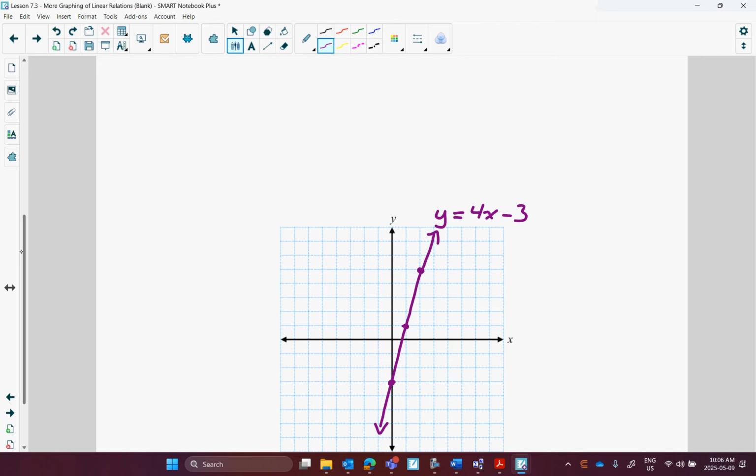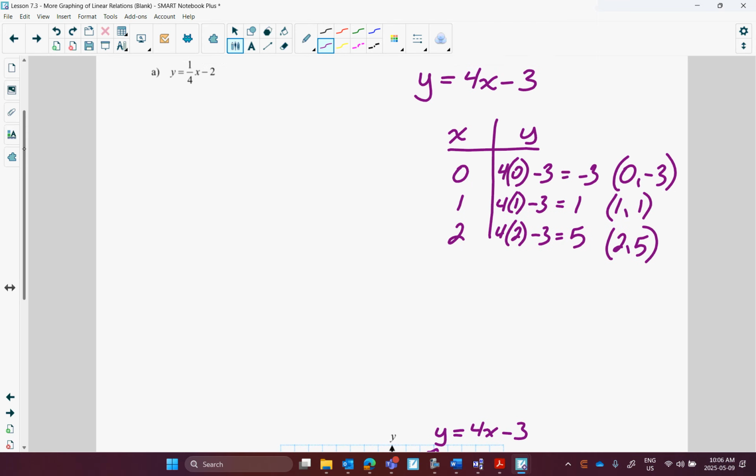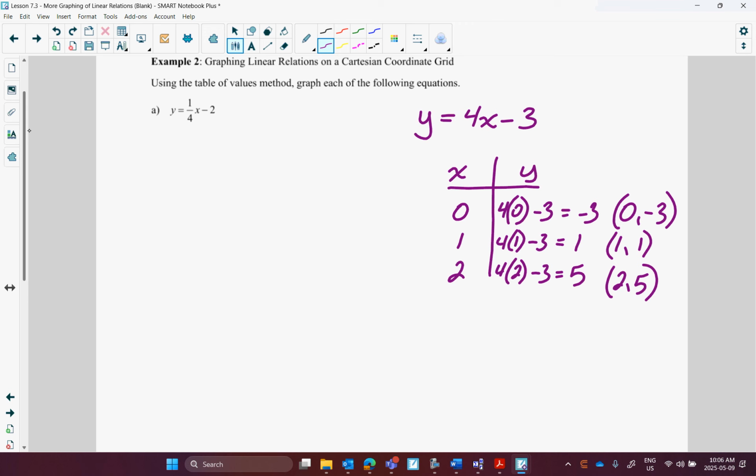But let's look at this one. I'll use a different color. Well, first of all, y is by itself, so I don't have to do any algebra. I can go right into my table.